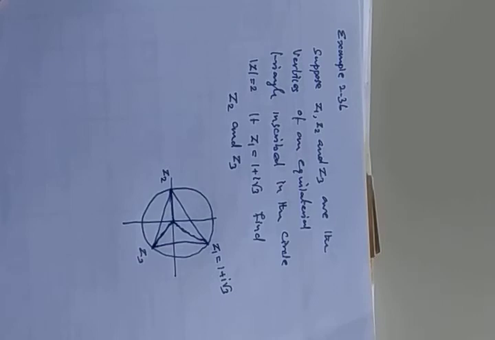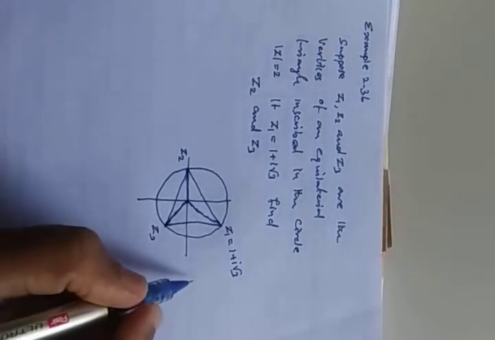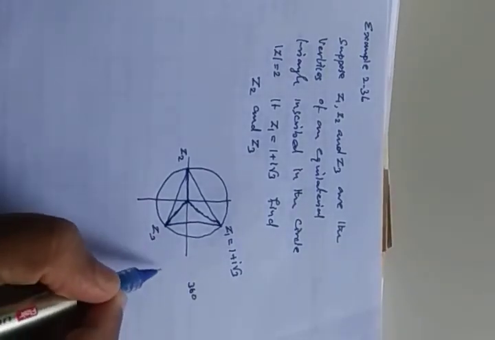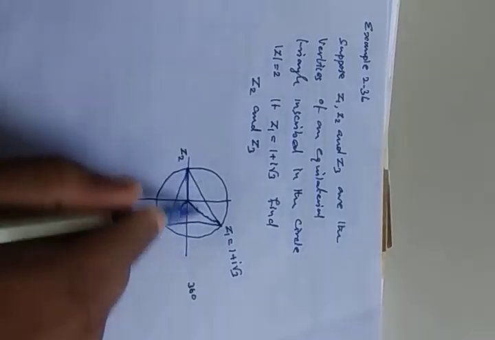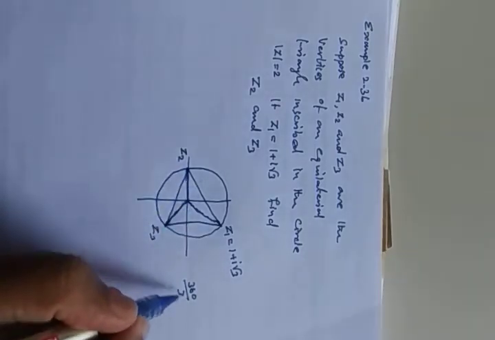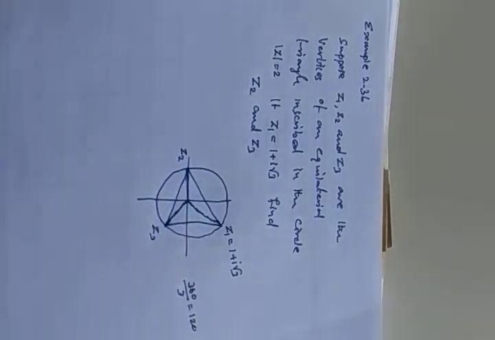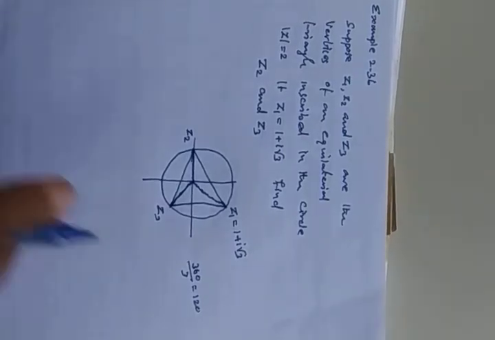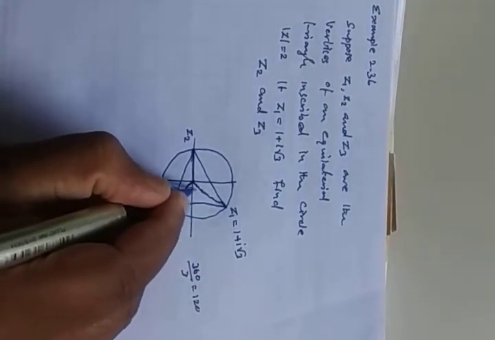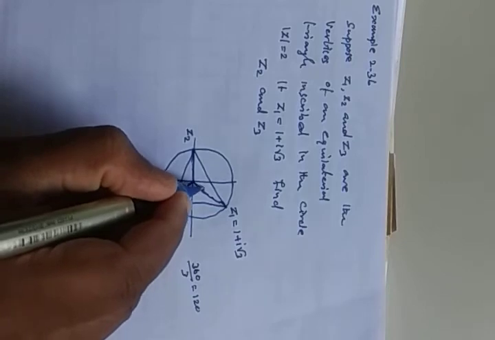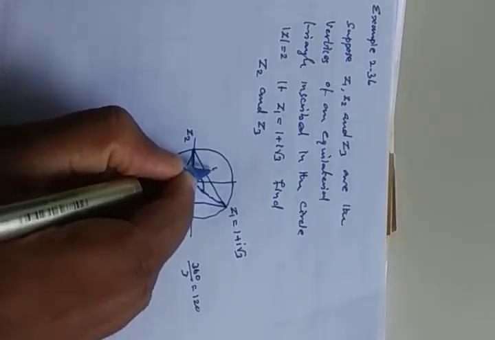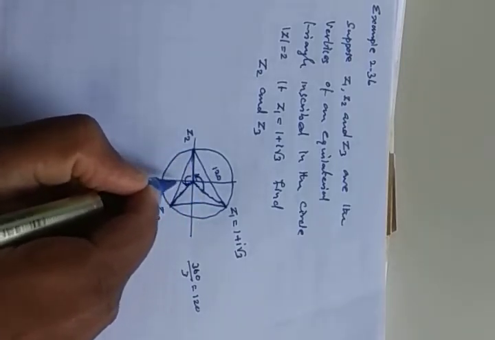So now we need to see the angle here. So the totally complete circle is how much? 360. You are dividing equally because the equilateral triangle is equal. So divided by 3, 120 will come. Is it clear? So this angle from here to here is 120. From this to this, 120 degree. From this to this, 120 degree.